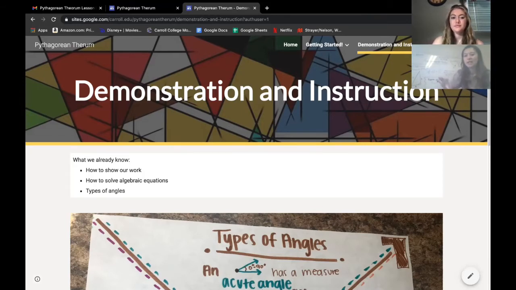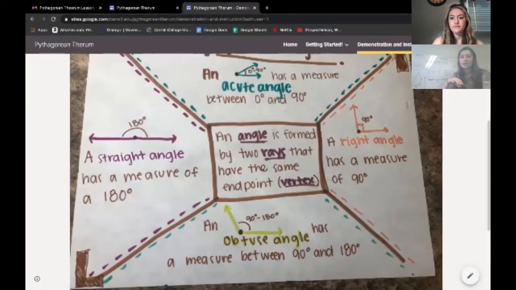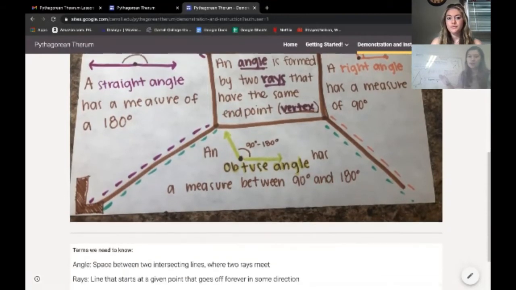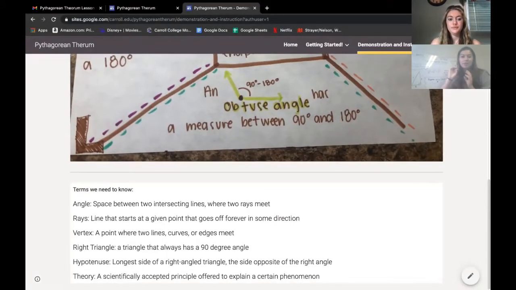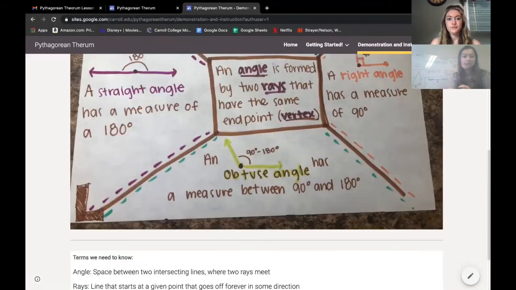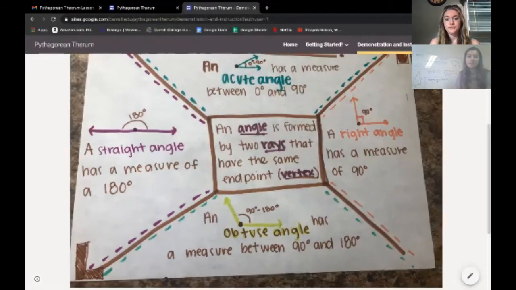We're going to quickly go through our types of angles. The Pythagorean theory works for right triangles, so we're not looking at acute, straight, or obtuse, but our right angle. We're going to learn a few more definitions and terms that we need to know down below.